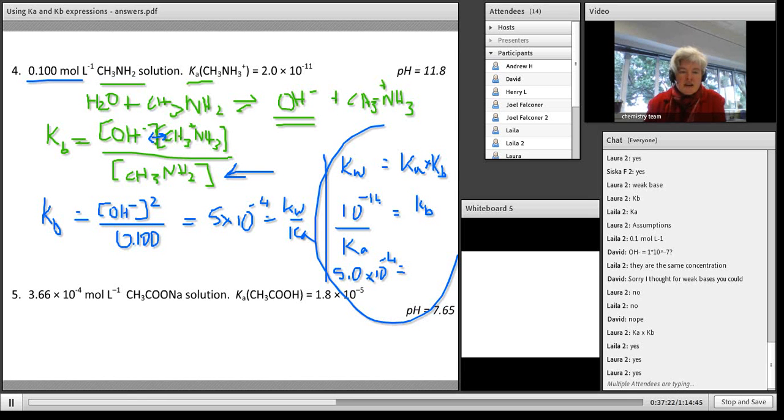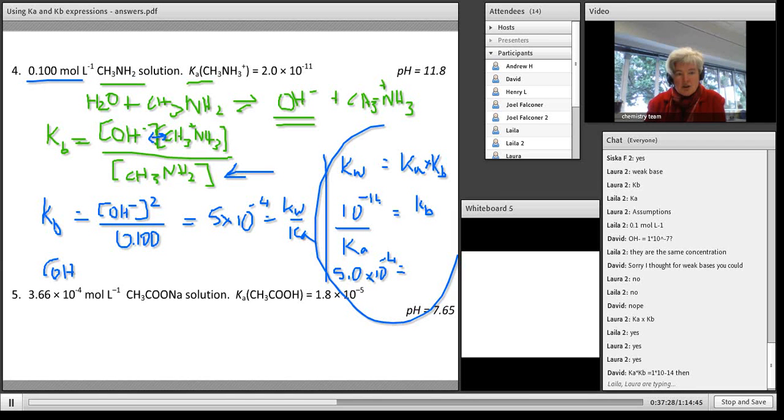Okay. Now we just simply calculate then for the OH minus concentration. So remember what I said, always take the square root last. Don't be tempted to do it all in one step, but then of course remember not to just put equal signs regardless.